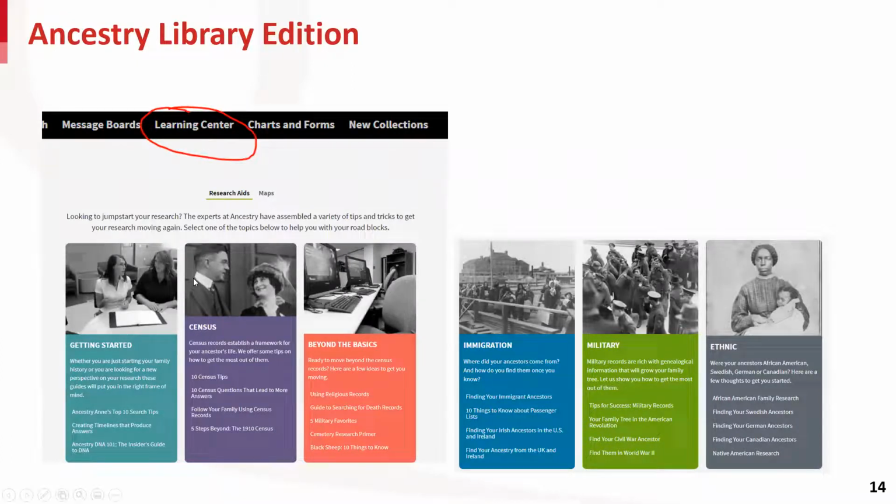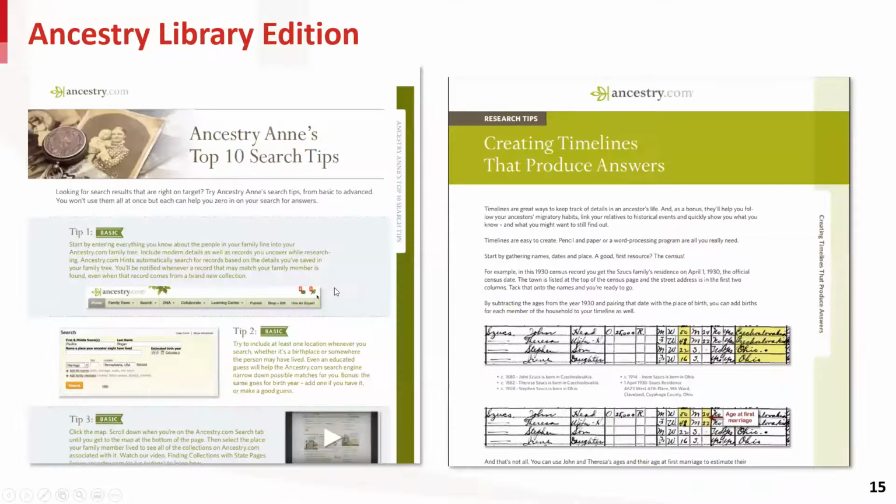The Learning Center provides helpful research aids for both novice and experienced researchers. This is an example of a research guide that provides some search tips to help people get started in their research.